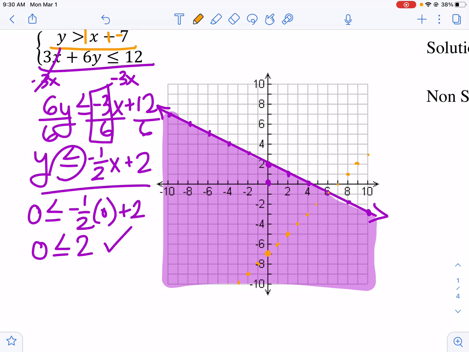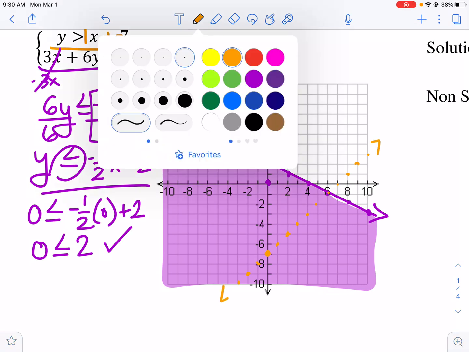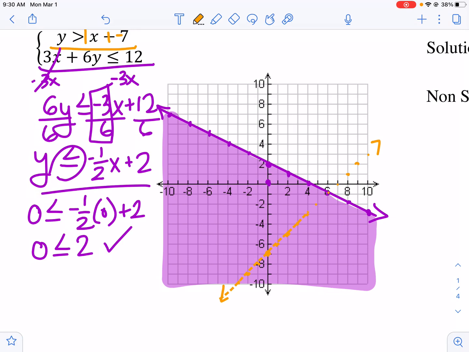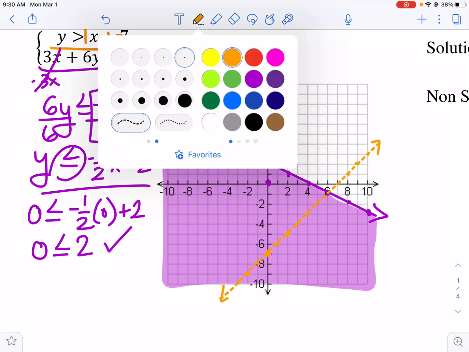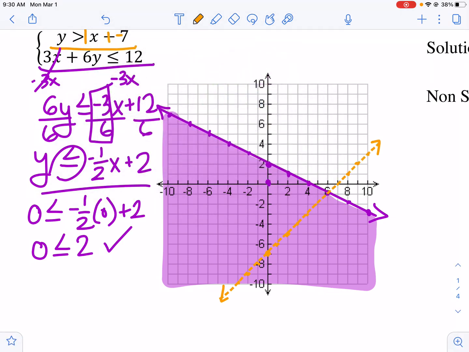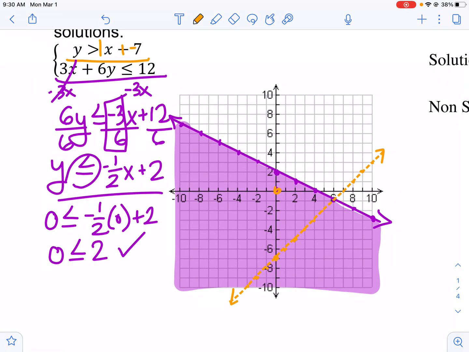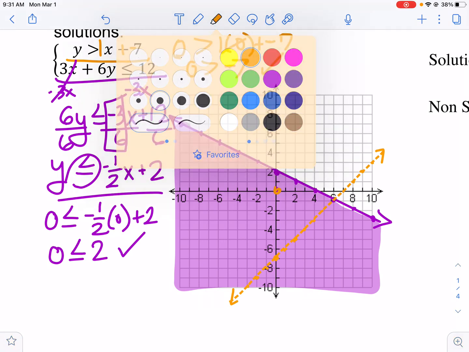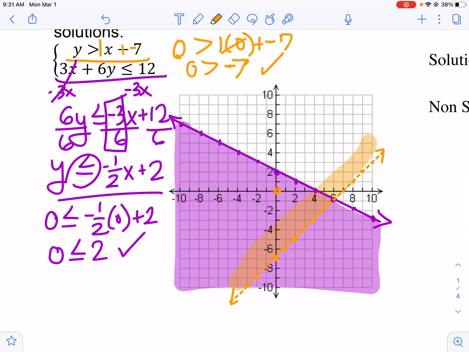I will be using a dashed line, and now I will determine where my solutions are. I can once again check the point 0, 0. I'll substitute it. 0 is greater than 1 times 0 plus -7. So is 0 greater than -7? Yes, it is. So my solutions go through my point 0, 0.